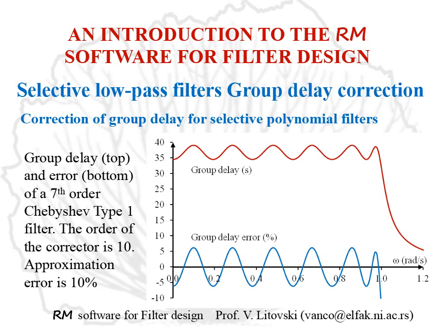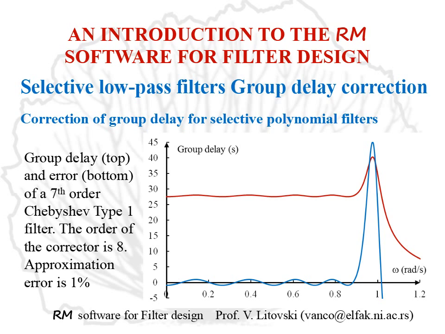Here the order of the corrector, however, is 10, so that the overall complexity, so the overall filter order is 17, which is by 2 larger than the case of LSM filter. Of course, the same approximation error was used.